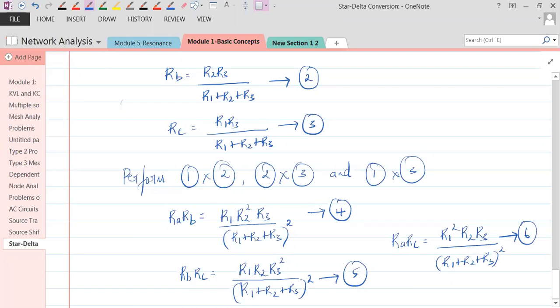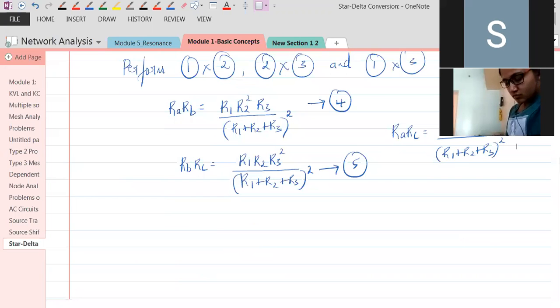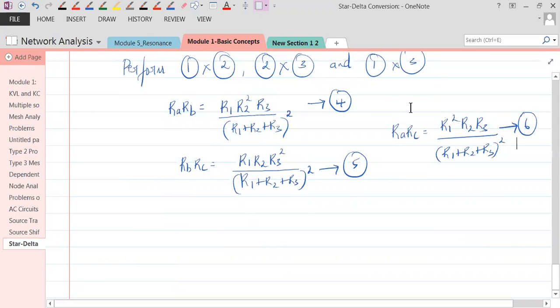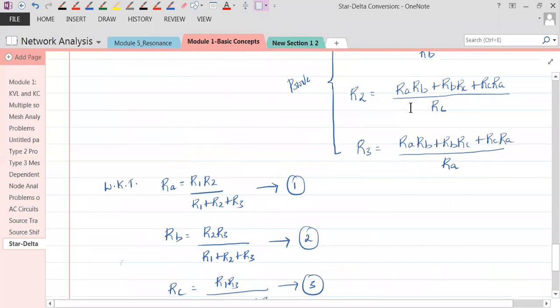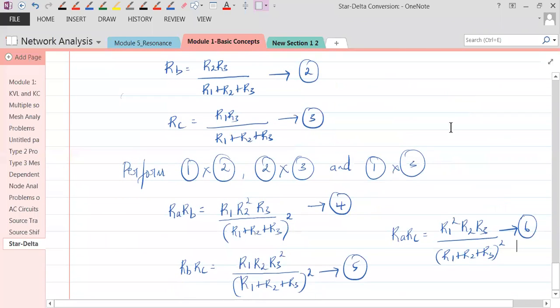So we obtained 4, 5, 6 by multiplying 1 and 2, 2 and 3, and 1 and 3. Understand this? Now add these products. Why do we need to add these products? Because we're looking at RA, RB plus RB, RC plus RC, RA to be there, right? So how can we obtain that? By adding these 3.